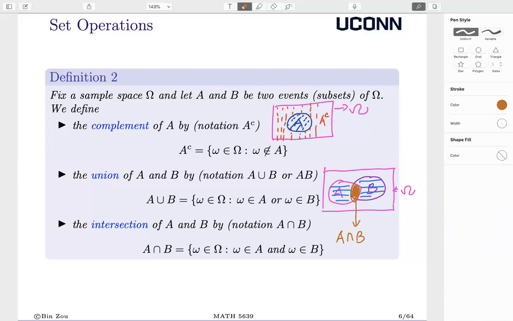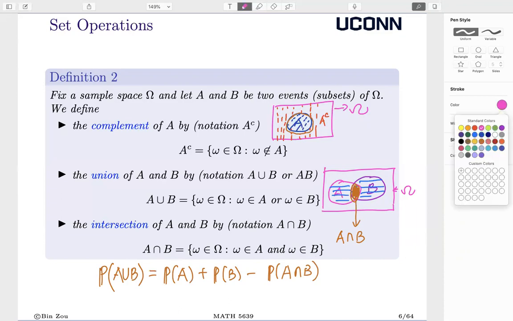So that's why, remember in the exercise, we have this famous addition rule. By the way, when we draw the Venn graph, you can think of probability as area. If you want to talk about the probability of A, it's just the area of this circle.